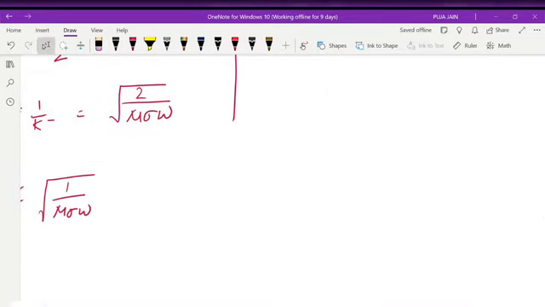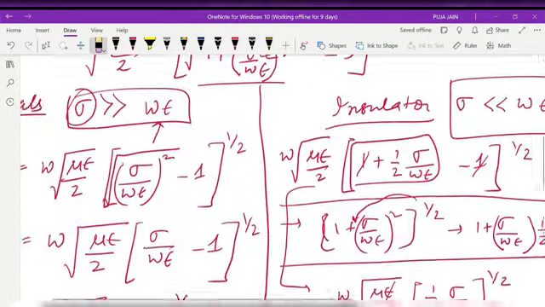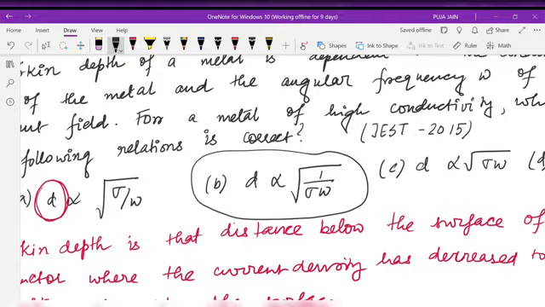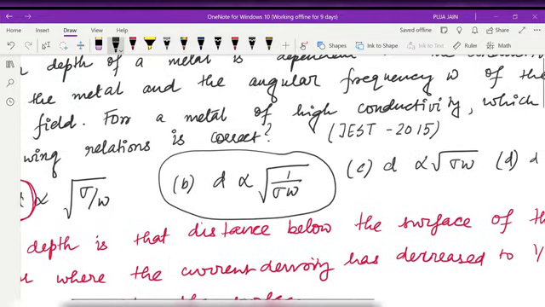So D is proportional to root 1 by sigma omega. So which option is correct? Let's see, 1 by sigma omega. Okay, so this is option B. So our right option is option B. Rest of the options are wrong.